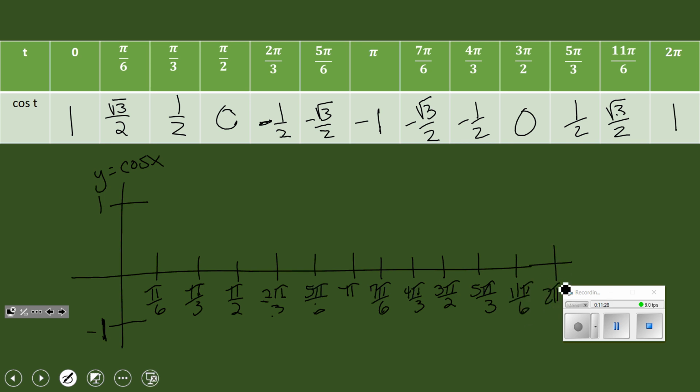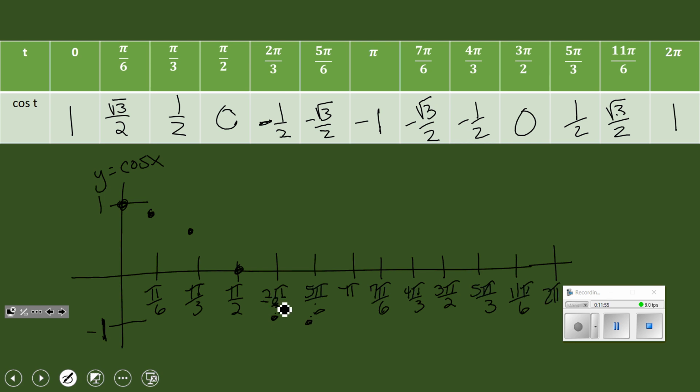Okay, so if you graph this one, the first one's going to be up at 1. Then it goes to square root of 3 over 2, which is the same thing as 0.9. So it's going to be right around here. Then 1/2. Then down to 0. Then down to -1/2. Then down to -0.9.